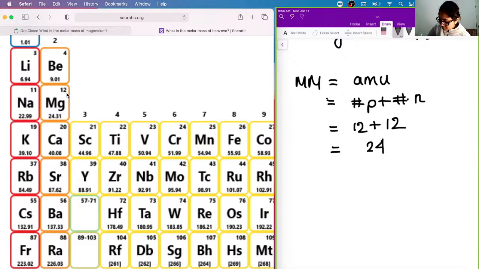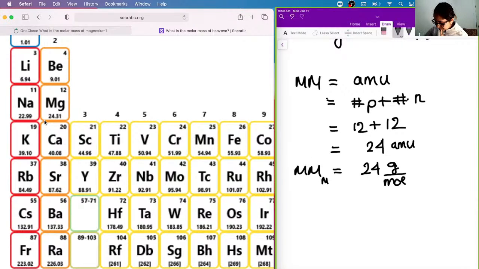So the atomic mass is 24 AMU, which is also equal to 24 grams per mole.